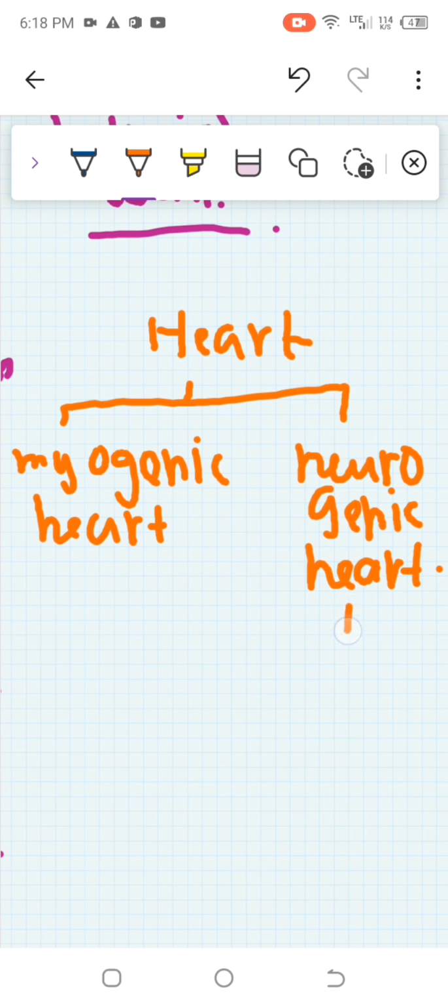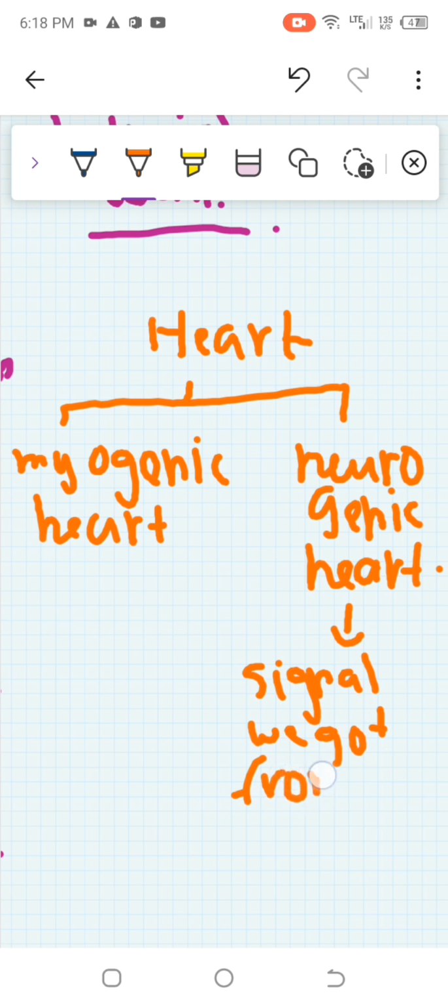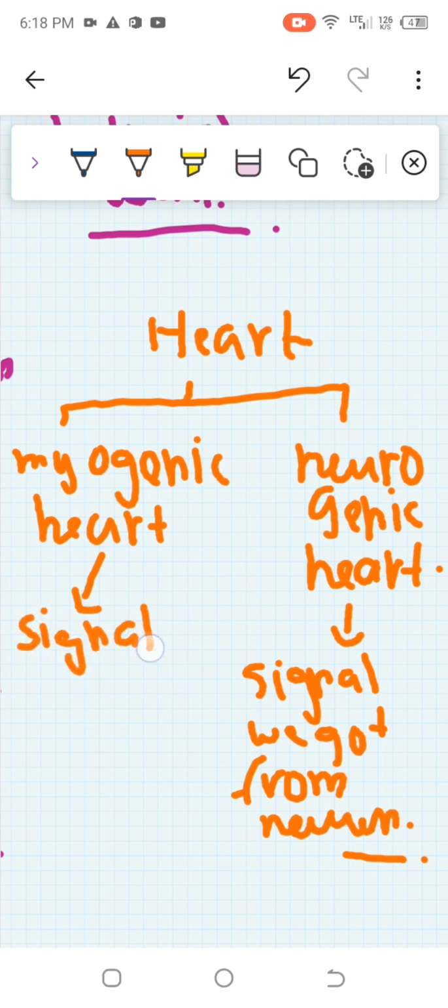In the neurogenic, we get signals from neurons. But in the heart, it is myogenic because signals come from muscles, the muscles present in the heart.